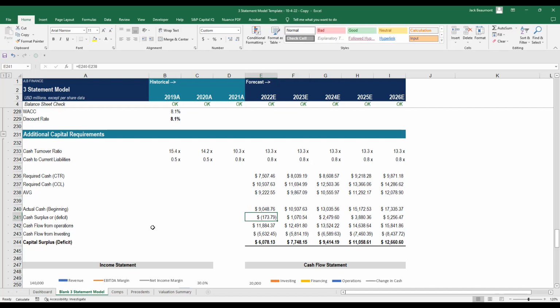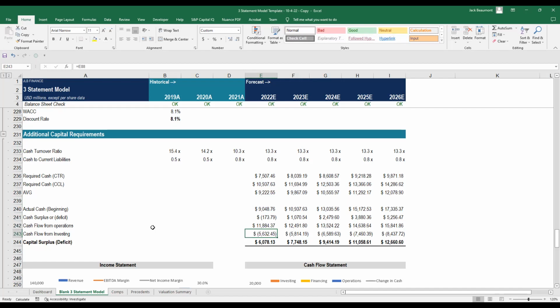And so what we do after that is we take what we have, and then we minus the required, and we're going to see if we have a surplus or deficit of cash. Then we add our cash flow from operations and our cash flow from investing.